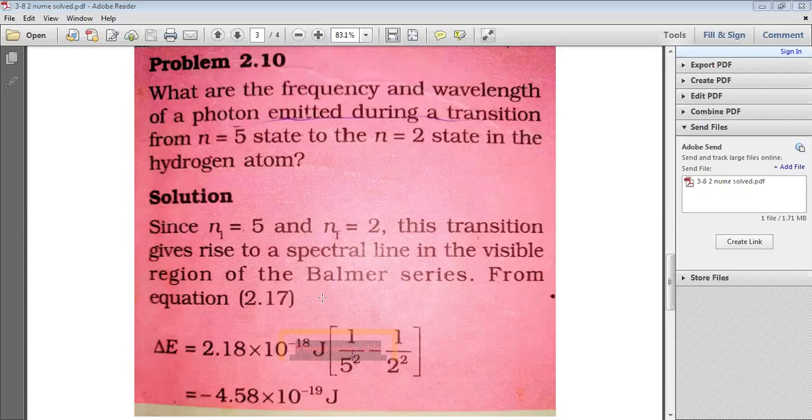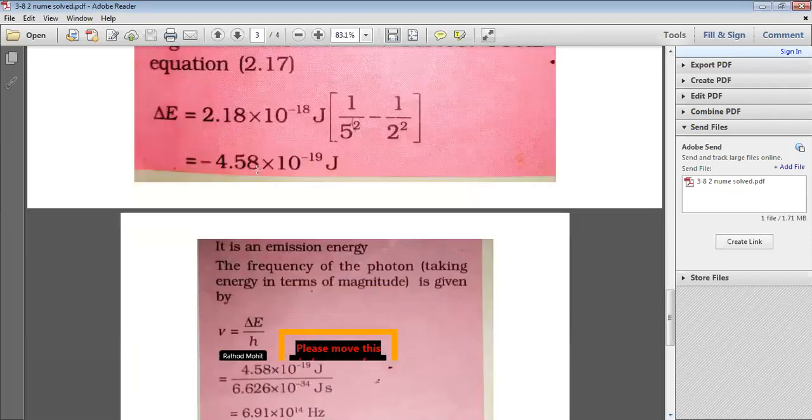Since n1 is equal to 5 and n2 is equal to 2, this transition gives rise to the spectral lines in the visible region of the Balmer series. From the equation, delta E is equal to minus 2.18 into 10 to the power minus 18 joule times 1 by n1 square minus 1 by n2 square.